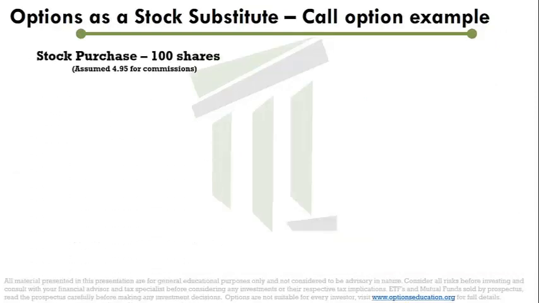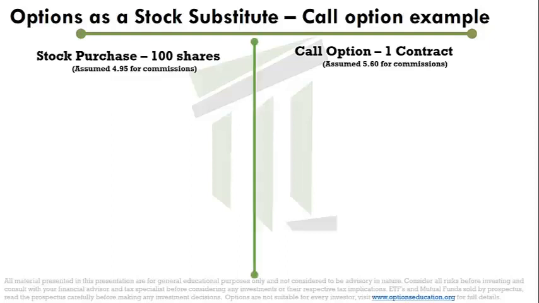So let's look at what the results would be. In purchasing the stock itself, as an investor that purchased 100 shares, assuming $4.95, which is a fairly standard commission amount, versus one options contract. Remember, options are traded in contracts. Each options contract controls 100 shares of stock. So we're comparing apples to apples, if you will.